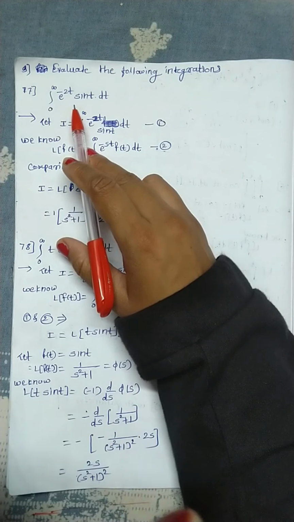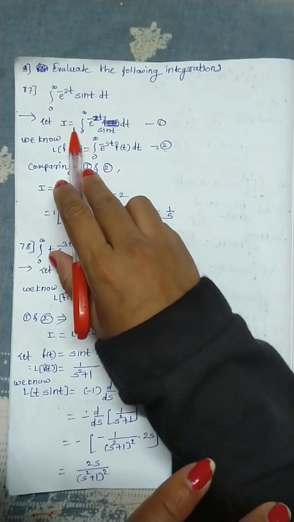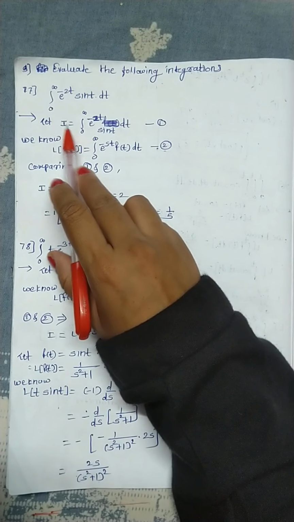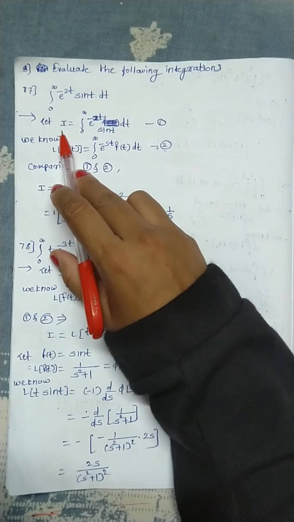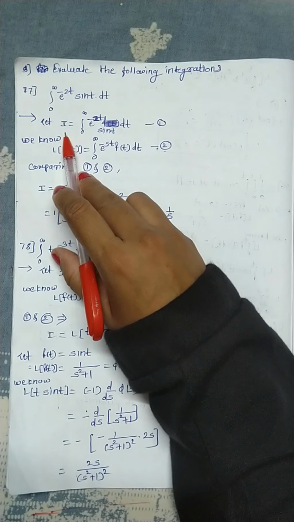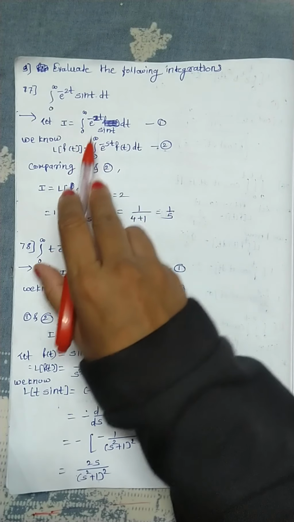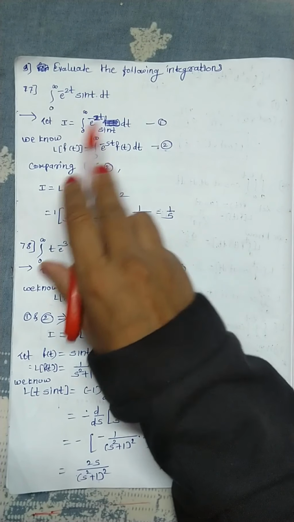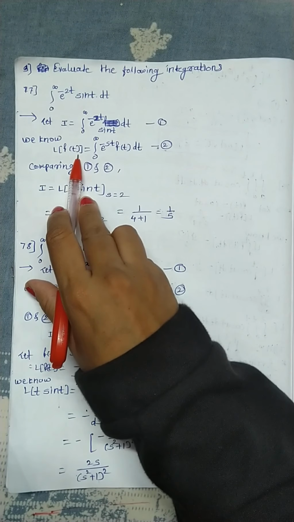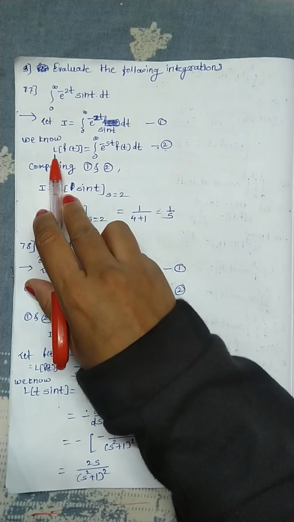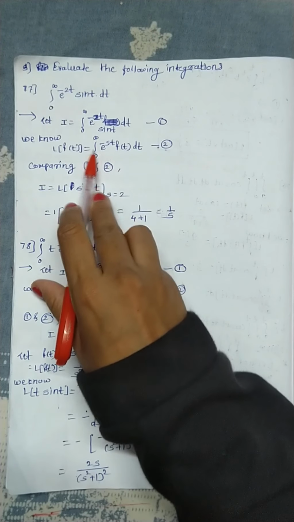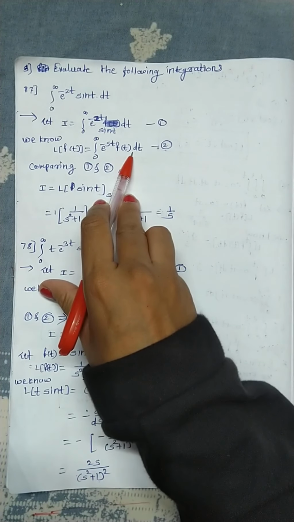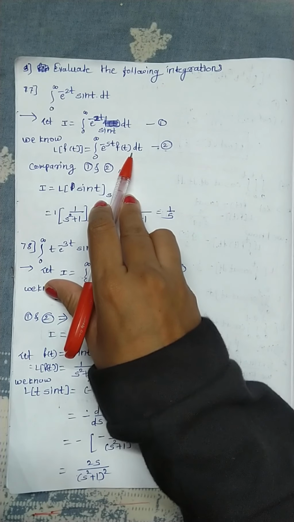The first step of such an example is to denote that integration as I. Let I be equal to integration 0 to infinity e raised to minus 2t sin t dt. Call this number 1. The second step is your Laplace definition. L of f t is equal to integration 0 to infinity e raised to minus s t f t dt. This is the standard definition of Laplace.